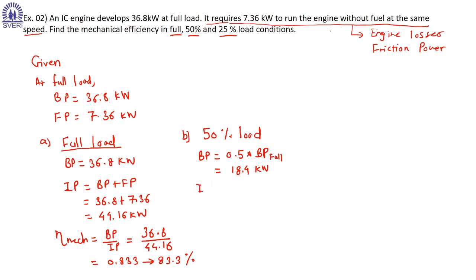Again, indicated power equals brake power plus frictional power. This will be 18.4 plus 7.36, which equals 25.76 kilowatt.